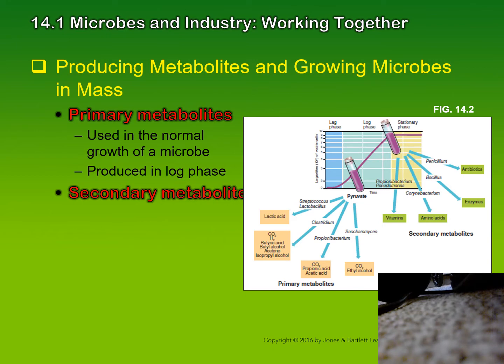If you remember back to the growth lecture, the log phase is when the cells are increasing logarithmically. It's kind of a constant growth. The cells are dividing pretty reproducibly, and that's where you get all your primary metabolites.